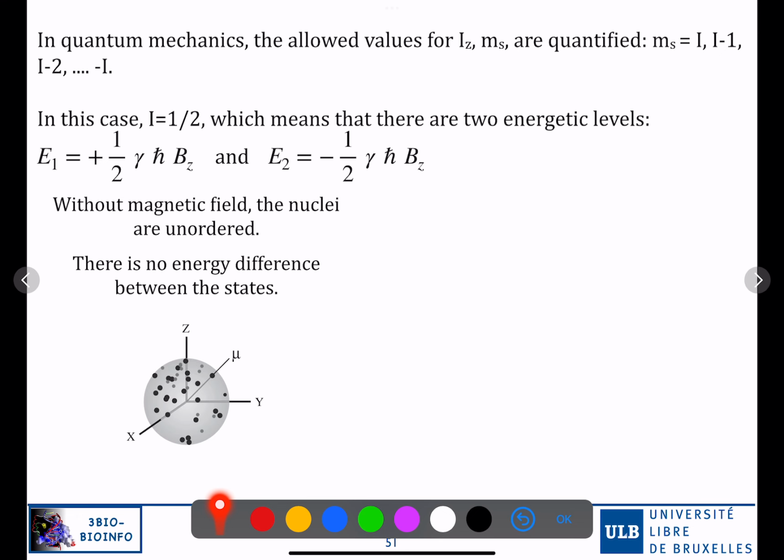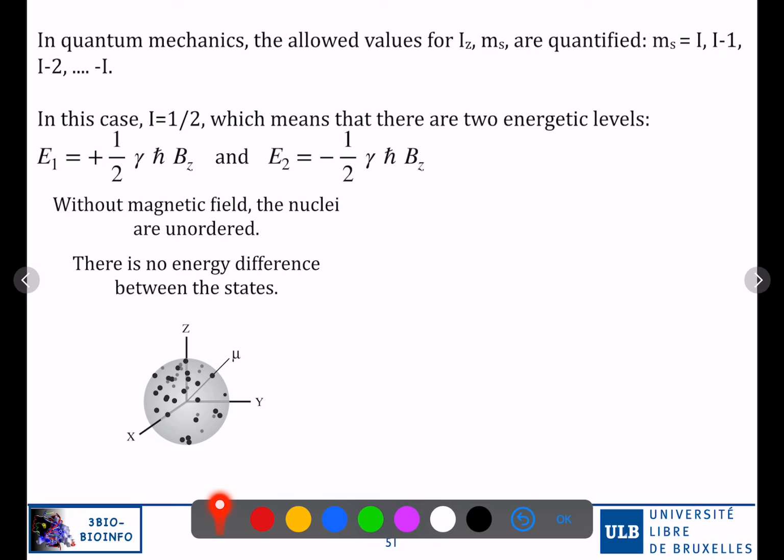So that means that without a magnetic field, so if Bz or B0 is equal to 0, you don't have these two energetic levels. There is no energy difference between the states, and here you have the different magnetic moments that are completely oriented randomly in the system.